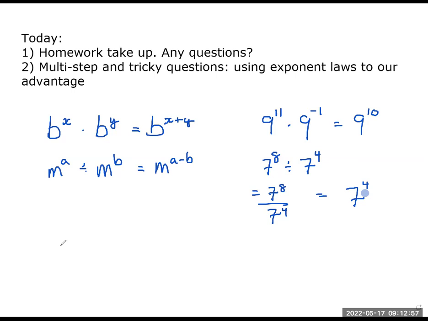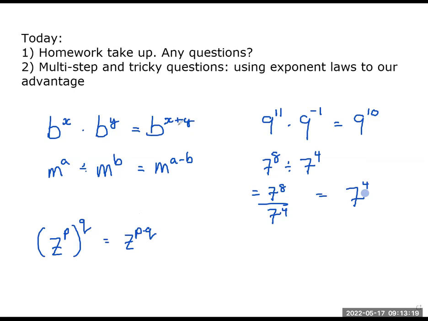If I had, what's a letter that I can use? z to the power of p, and that is to the power of q. If you have a power of a power, the exponents will multiply.